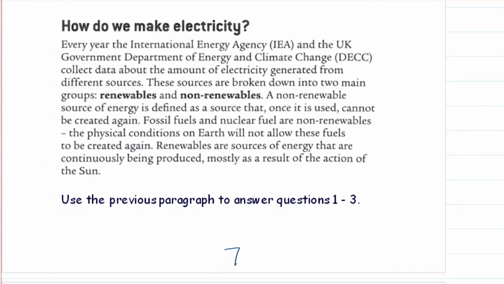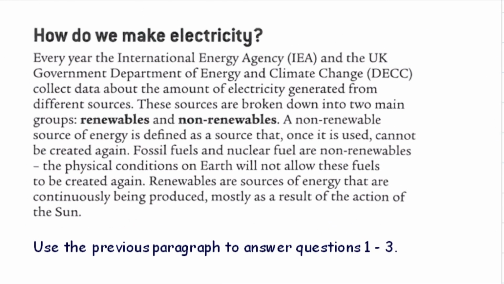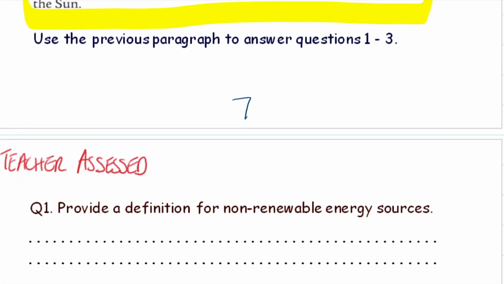Next, bottom of page 7, what you need to do is read that paragraph and use that paragraph to help answer the questions below. So it's this paragraph here which I'm talking about, and there's information in there that's going to help you answer these questions below.